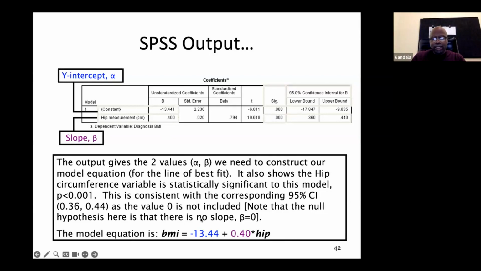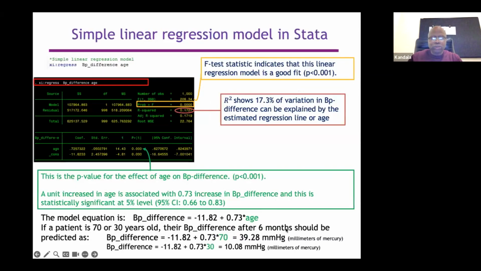So we can now have, if in the future we want to predict our BMI in this population of type 2 diabetes patients, we can only measure the IP and be able to predict this with the model we are having here, the equation we are having there.